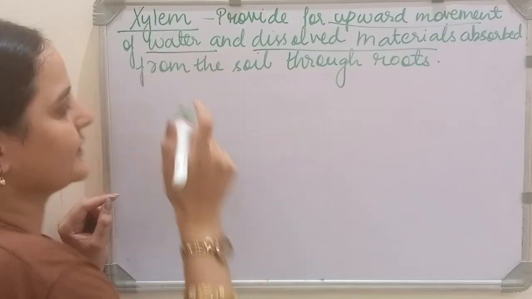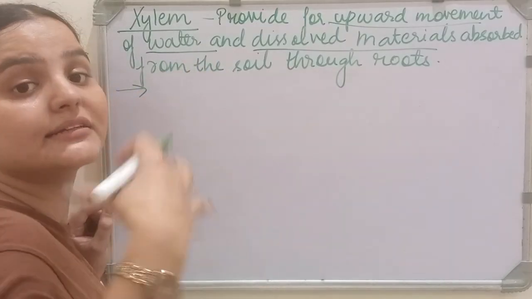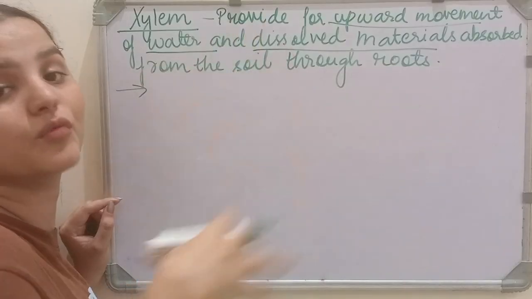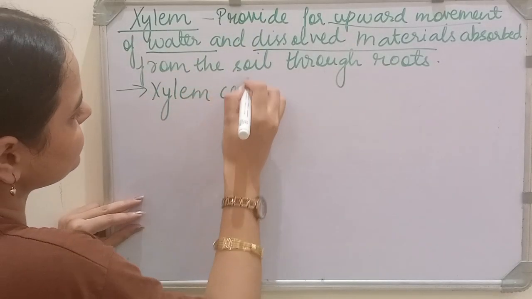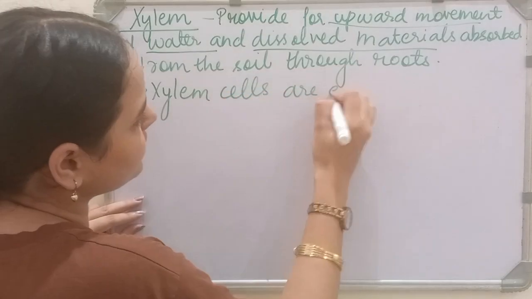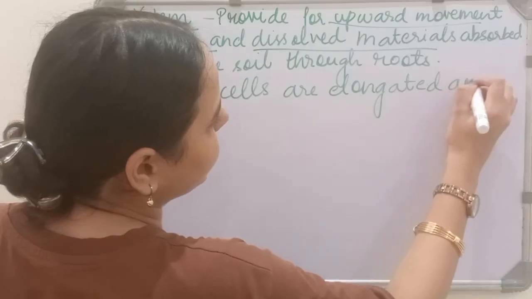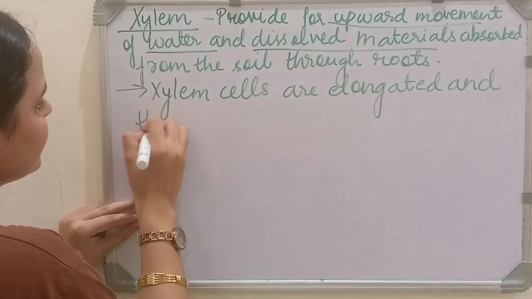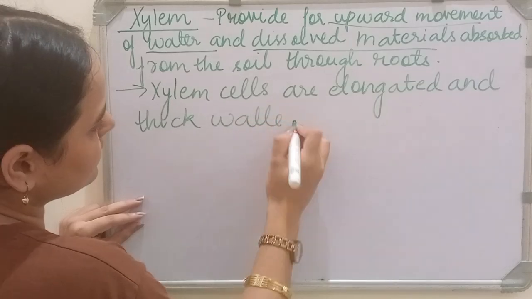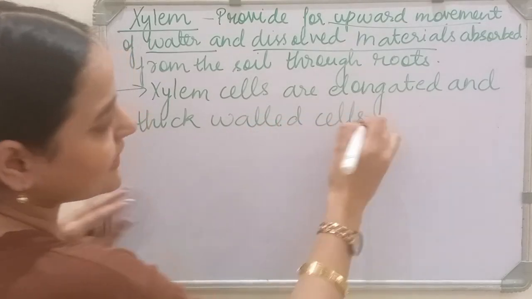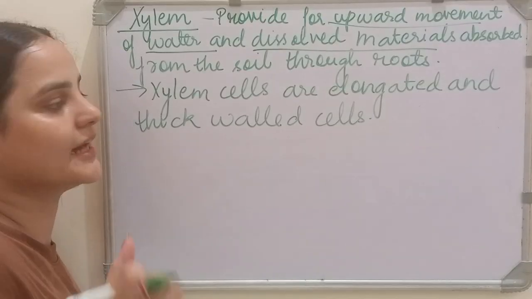Okay, and these xylem cells are elongated and they have thick walls. So xylem cells are elongated and thick walled cells. Okay, their cell wall is thick due to presence of lignin. We will study that one.